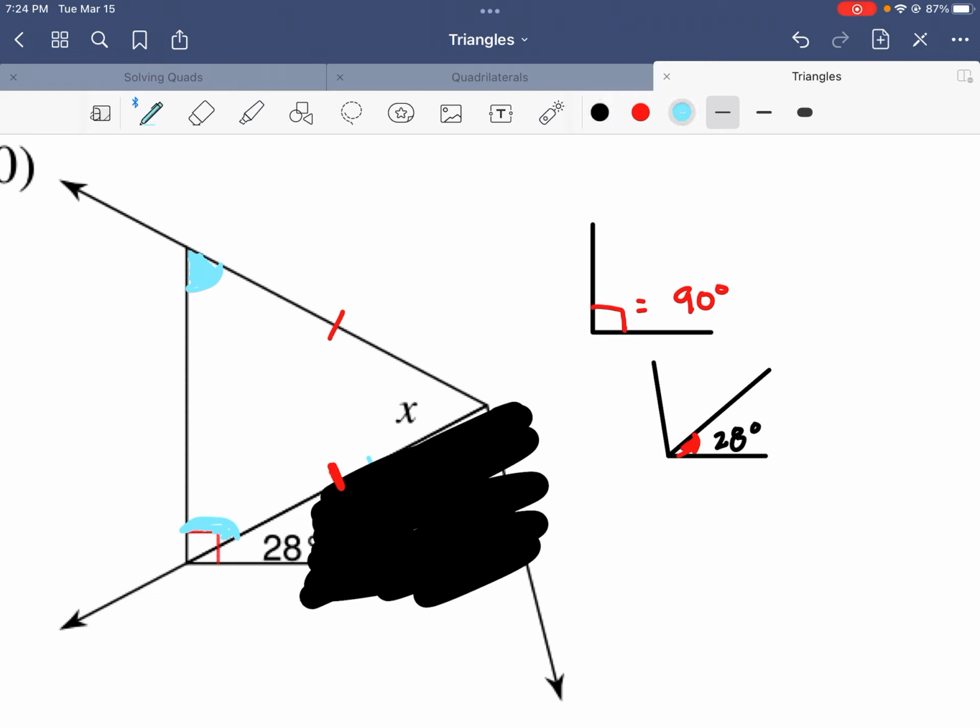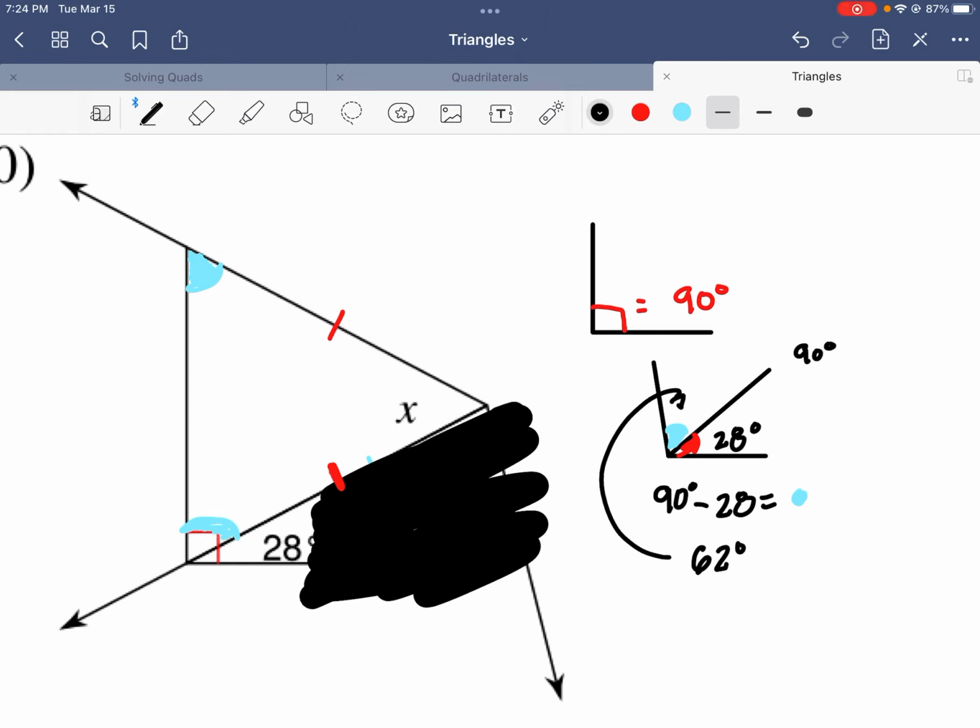So that means that this little red smidge plus the little blue smidge angle should equal 90 degrees. So what I can do is take 90 degrees, and if I subtract 28 from it, I should get my blue angle. If I pop that into my calculator real quick, that is 62 degrees.